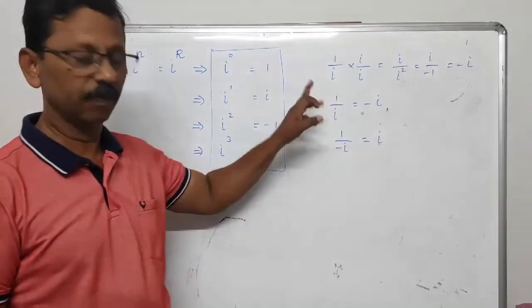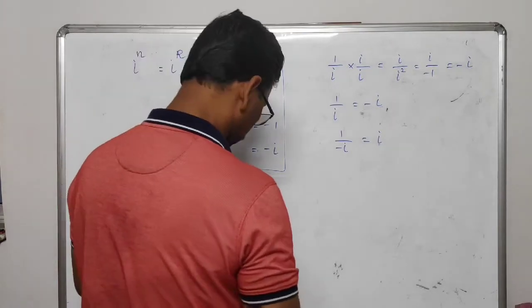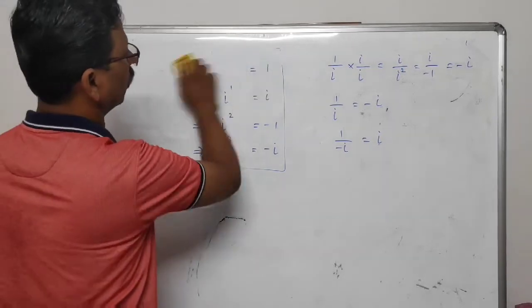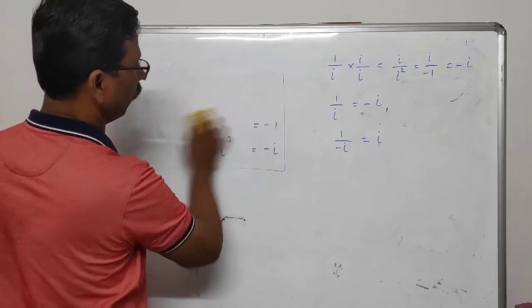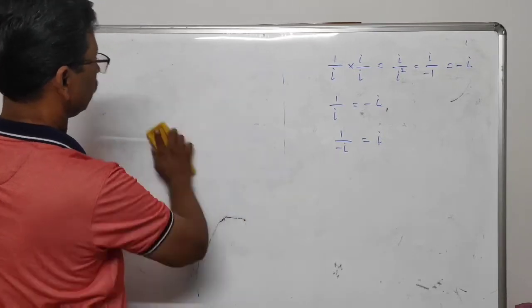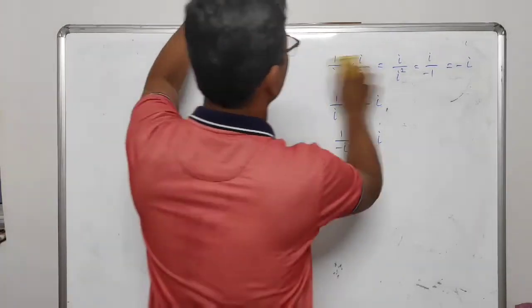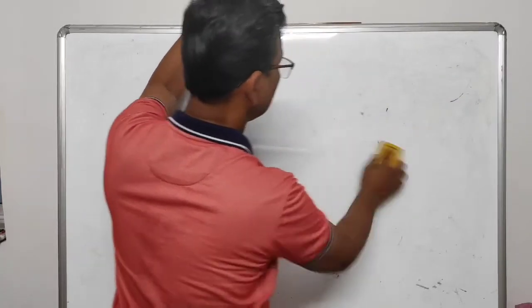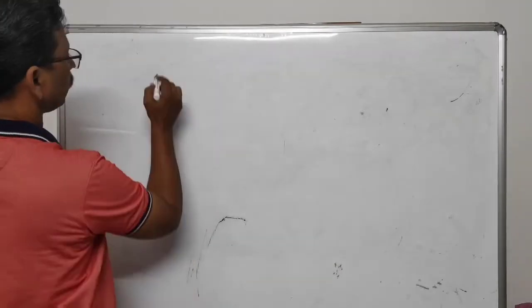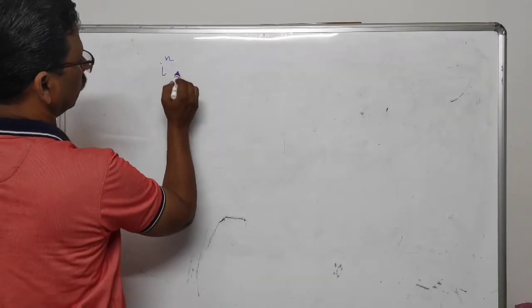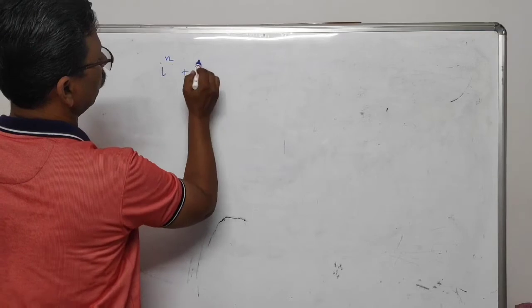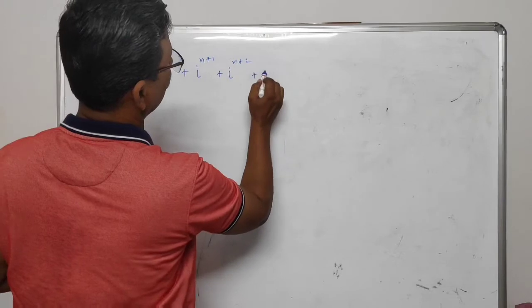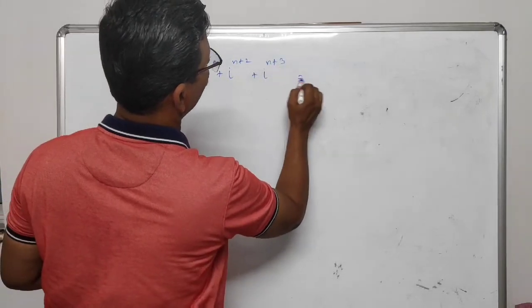And also, see, if the powers of i are consecutive numbers, then what will be this value? See here, i power n plus i power n plus 1 plus i power n plus 2 plus i power n plus 3, what is its value?